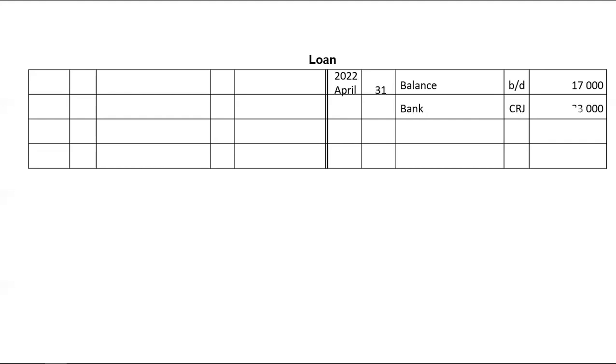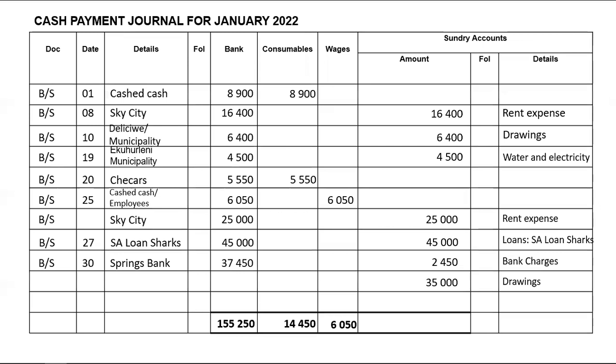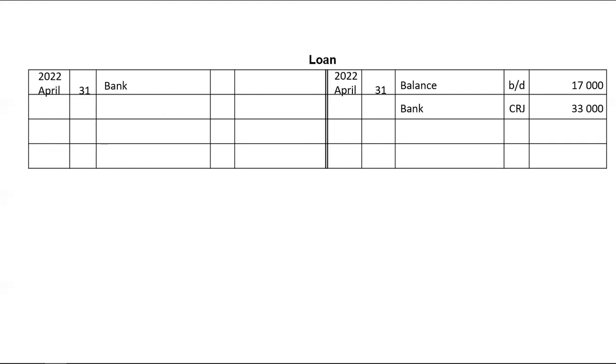And when you go to your CPJ, you will realize, let me just quickly go into your CPJ, it was on the 25th, if I'm not mistaken, where we made a loan repayment. It was on the 27th, sorry, where we made a loan repayment of 45,000. Any repayment towards the loan will reduce the loan account on the debit side. It will go down on the debit side because it's minus plus.